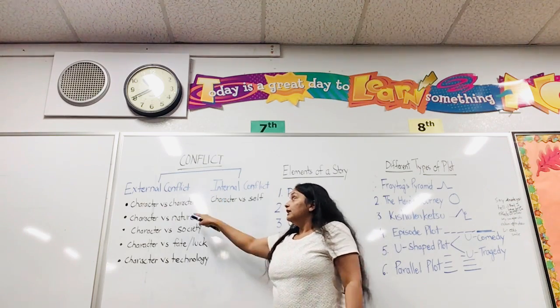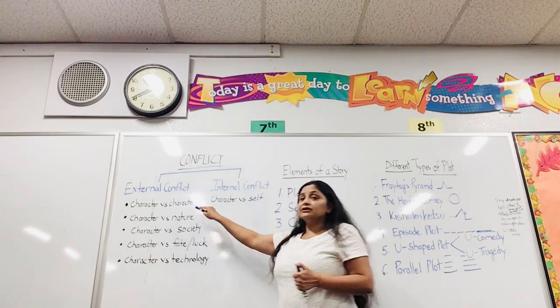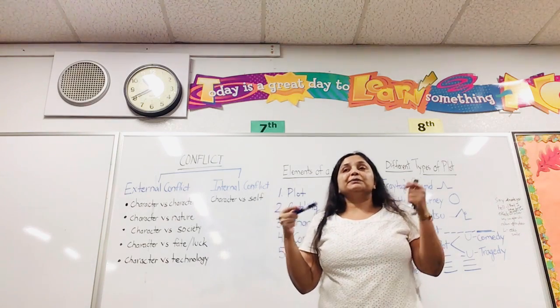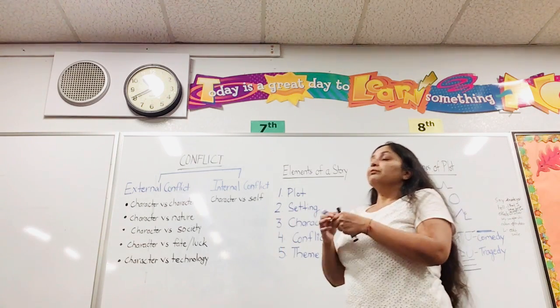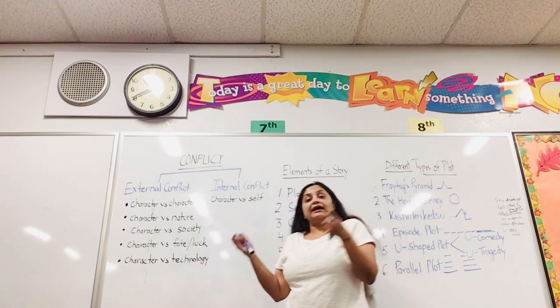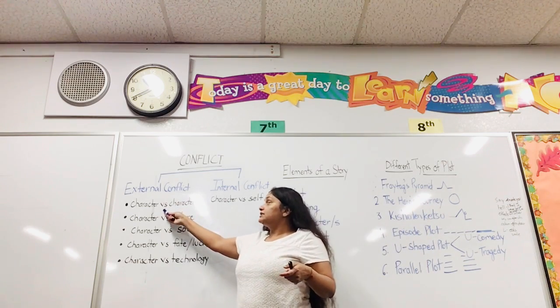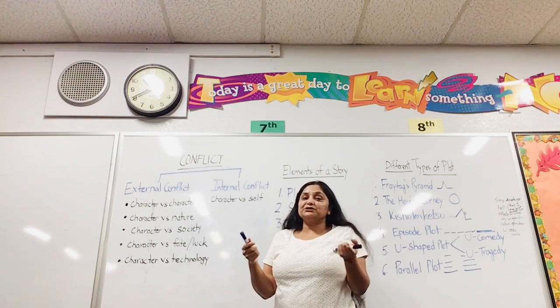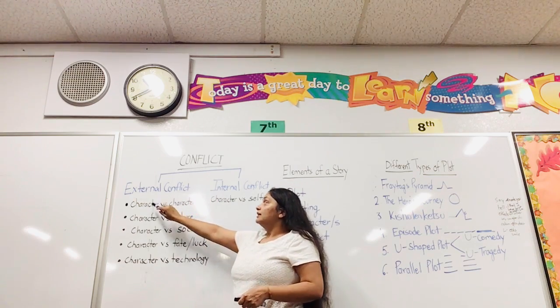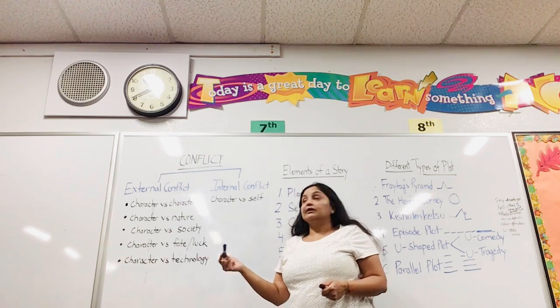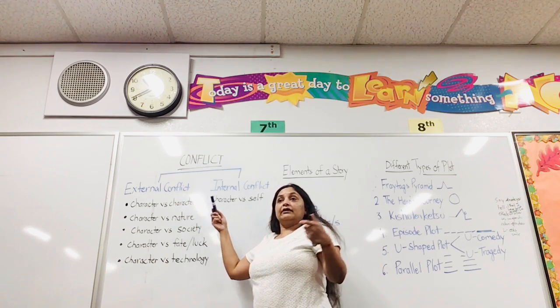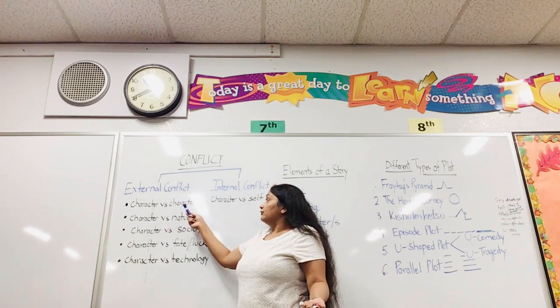Now, let's talk about the external conflict, the external problem. Let's pick the first one, character versus character. It's basically like protagonist and antagonist, hero and a villain. For example, let's take Cinderella. Cinderella has a conflict with other characters.